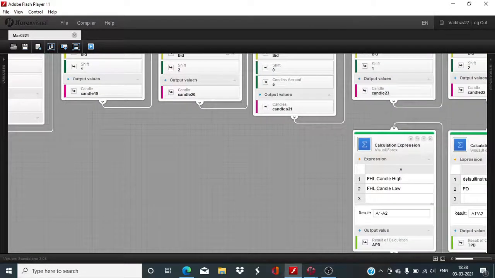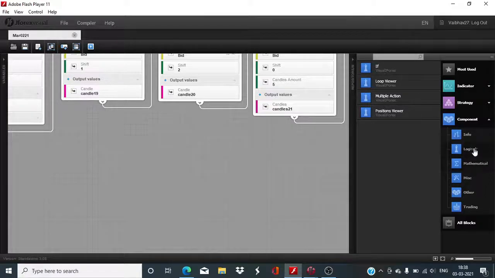And for that also we will have to take calculation expression again.